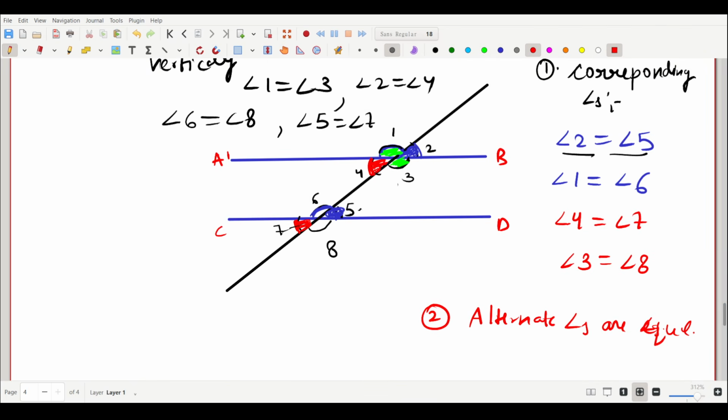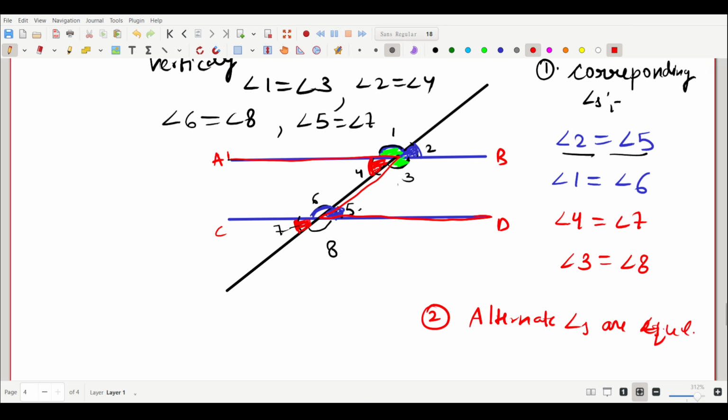Wherever you see a Z shape, alternate angles will be there. I'm drawing the shape with red ink so that you can see the Z shape very clearly. It is already there, but you were not able to see it. But now you can see the Z shape.